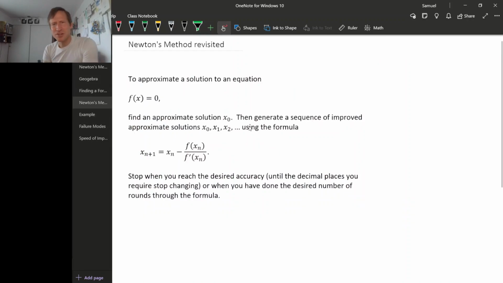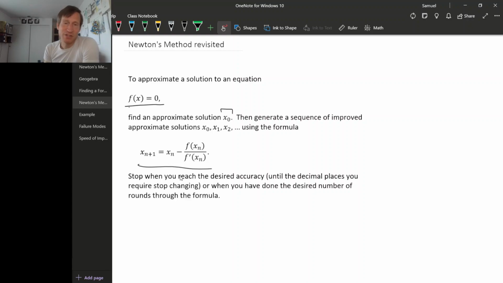It's much less geometric, but it's also much more straightforward to compute. So to approximate a solution to an equation like this, where you have some function equal to 0, or to find the x-intercepts of this equation, first guess some approximate solution, x sub 0, and then generate a sequence of approximate solutions using this formula.